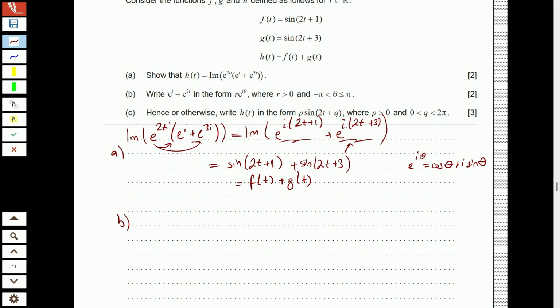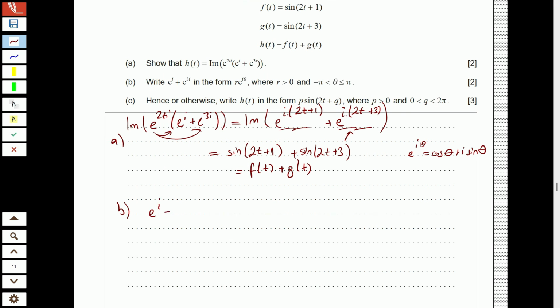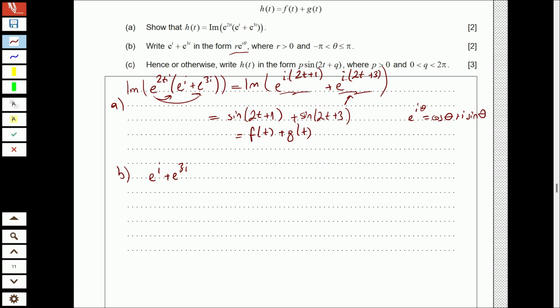In the second question, write e to the power of i plus e to the power of 3i in the form r times e to the power of i theta. Again, if we write the Euler form in the polar form, it will be cosine 1 plus i times sine 1, plus for the second complex number cosine 3 plus i times sine 3.